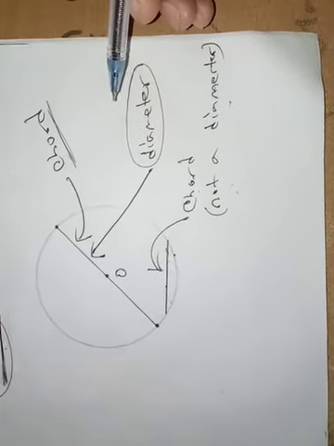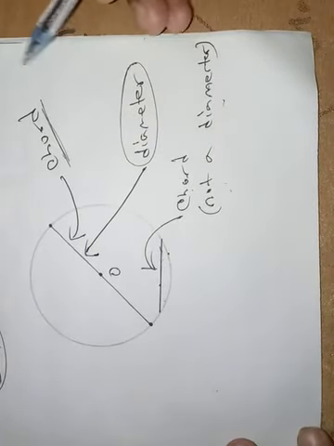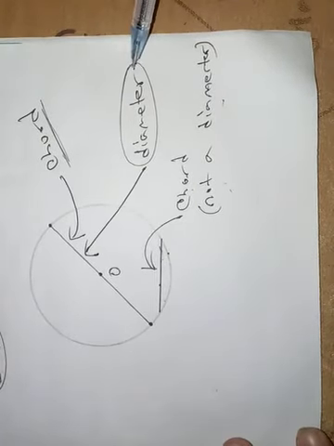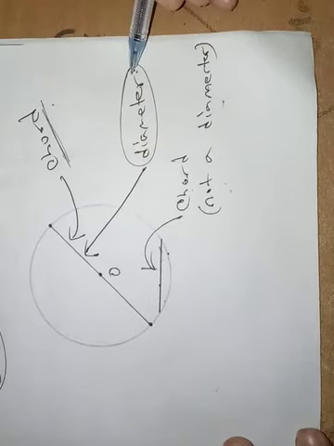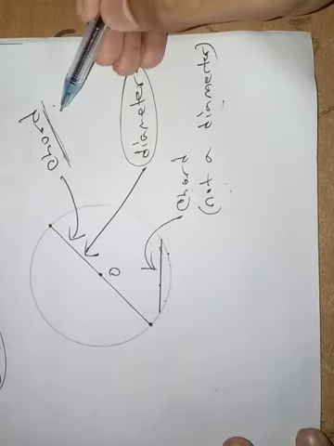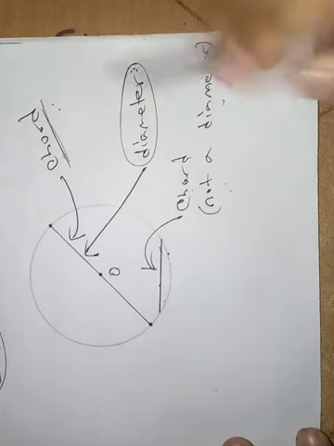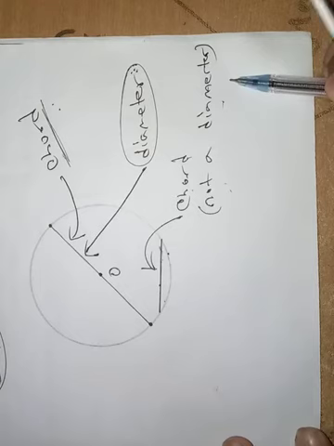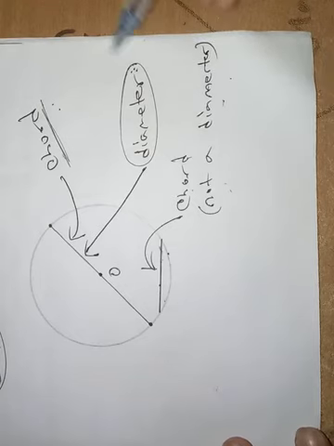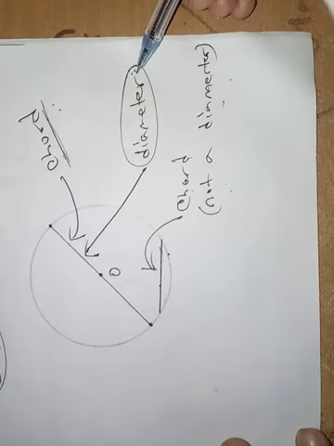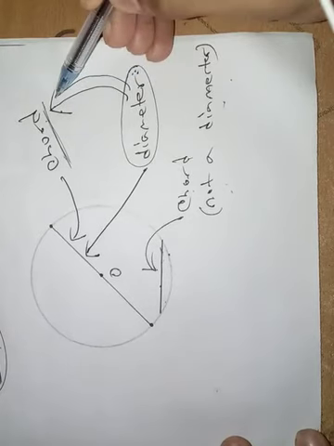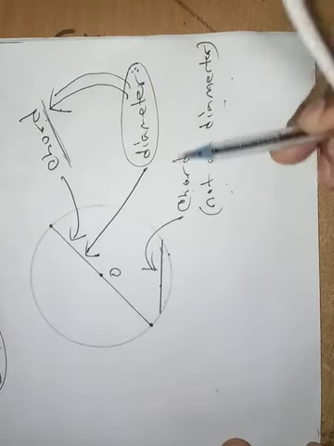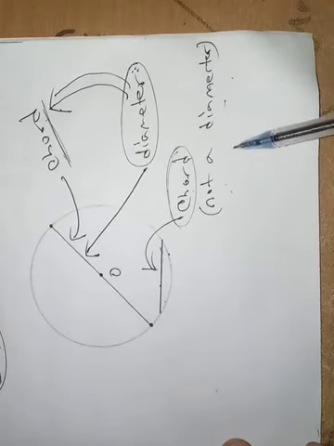Following the diagram, you can say every diameter is a chord, but every chord is not a diameter. Repeat. Every diameter is a chord, but every chord is not a diameter.